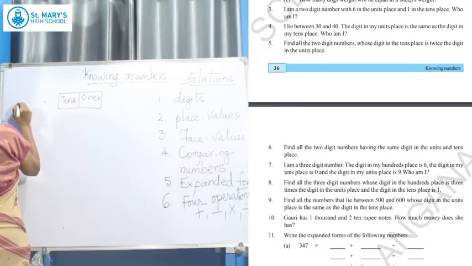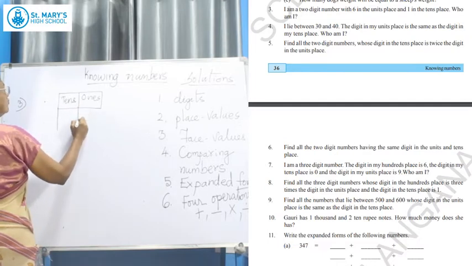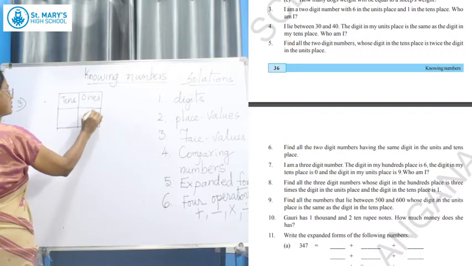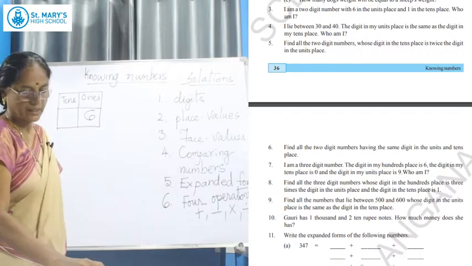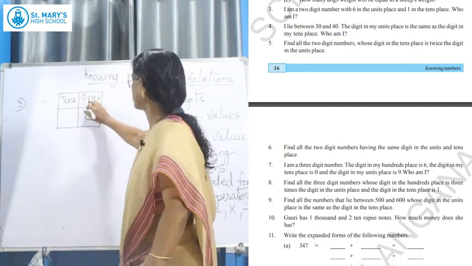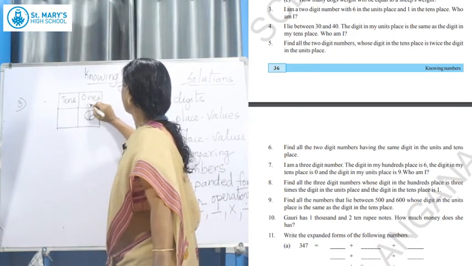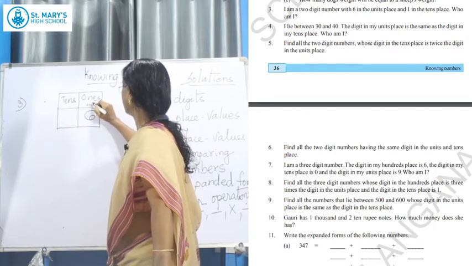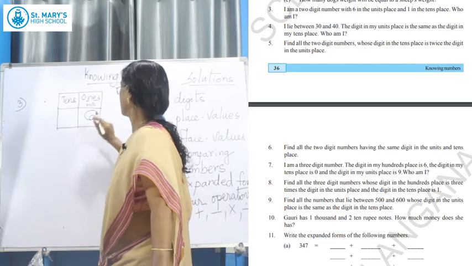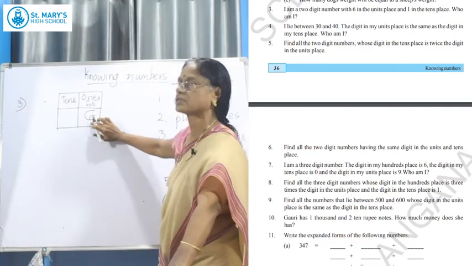So for this third question, you need to write in the ones digit 6. In the ones digit 6, units place. Ones means you can say units, or ones, right? So in this ones place or units place we put a 6.